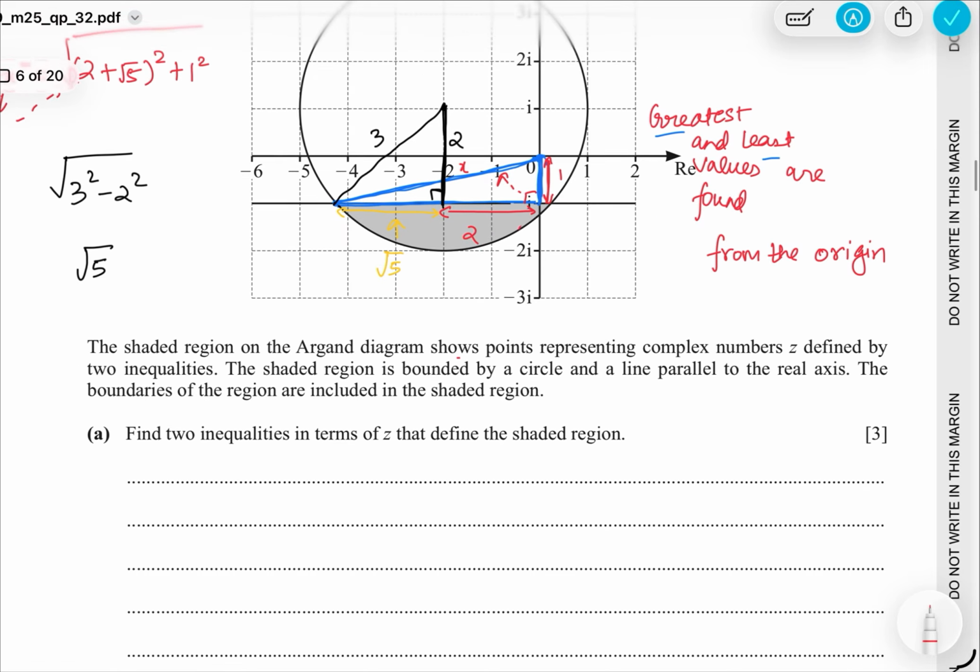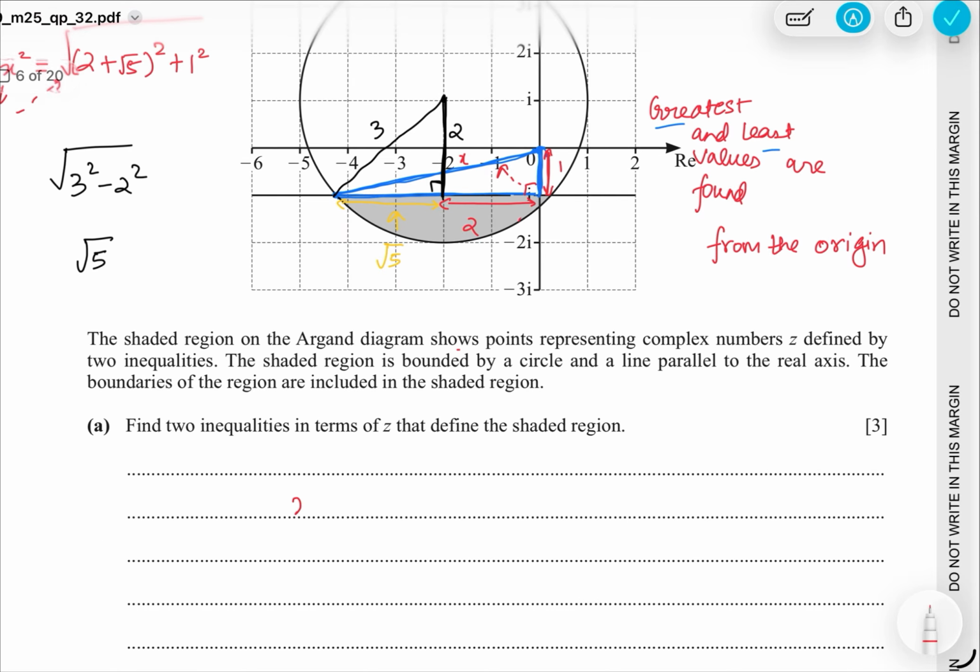So I'm solving it here: x equals square root of 4 plus 5. I'm opening the whole square, right? You know how to open the whole square? 4 plus 5 plus 4 root 5 plus 1. That would give us x equals square root of 10 plus 4 root 5.